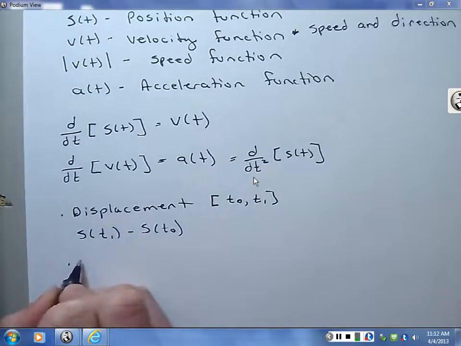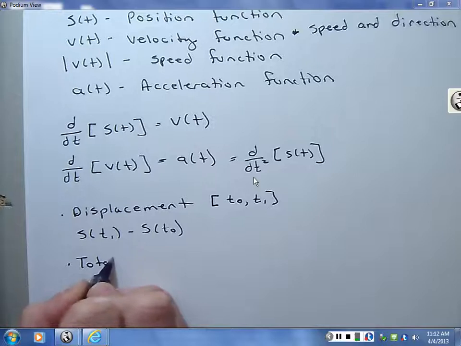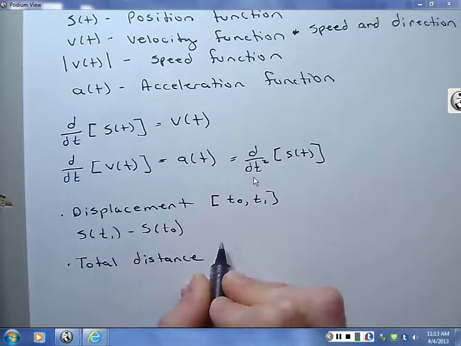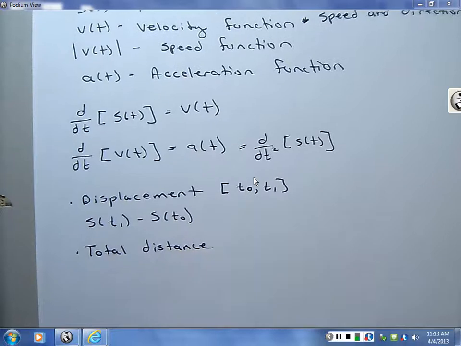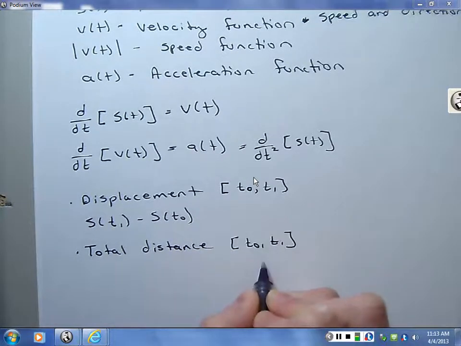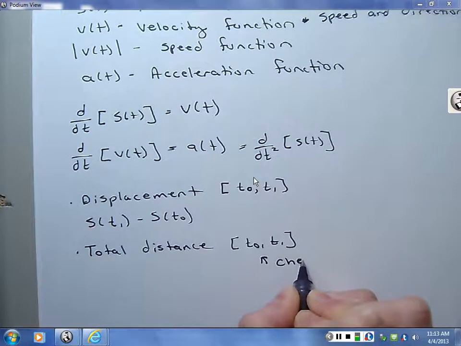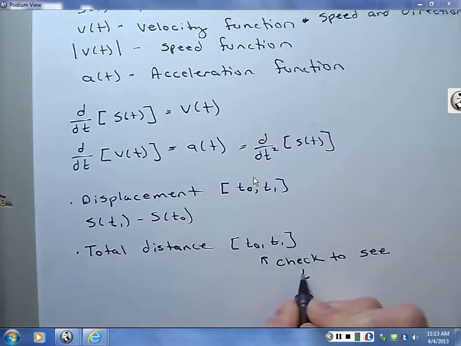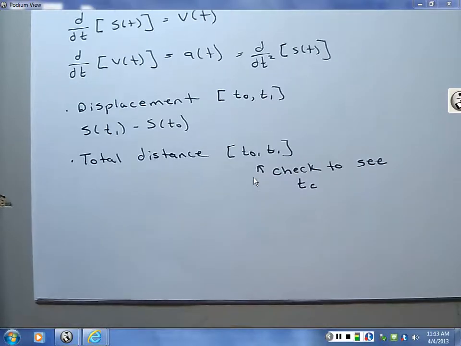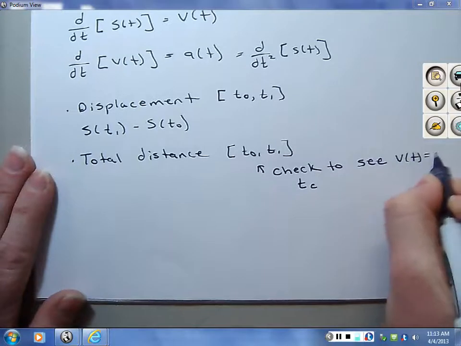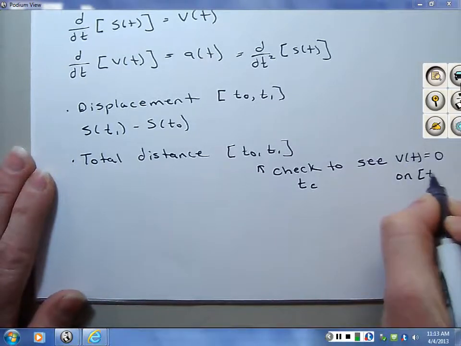Total distance traveled. Let's call it T of C. Sorry. So for the total distance traveled, first you have to check to see if the velocity equals 0 on the interval.